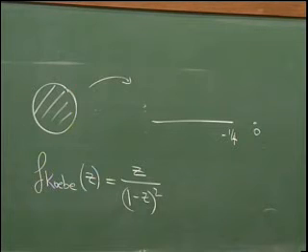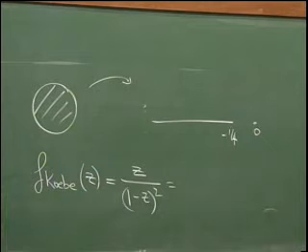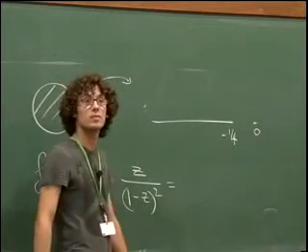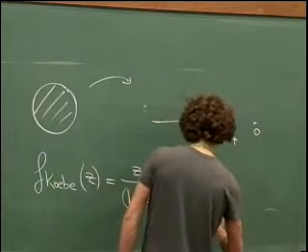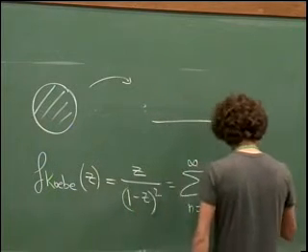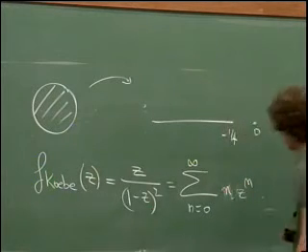And what is the development in power series for this function at 0? If you want to write it as the sum of a_n z^n, what is a_n in this case? N, yes. n z^n.